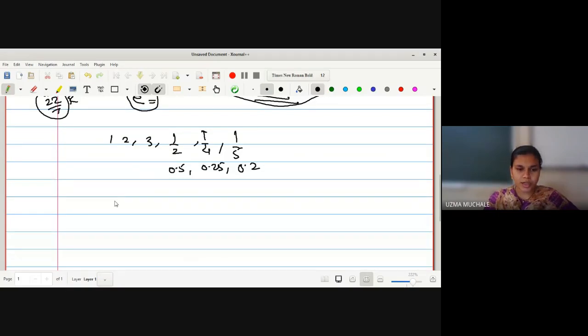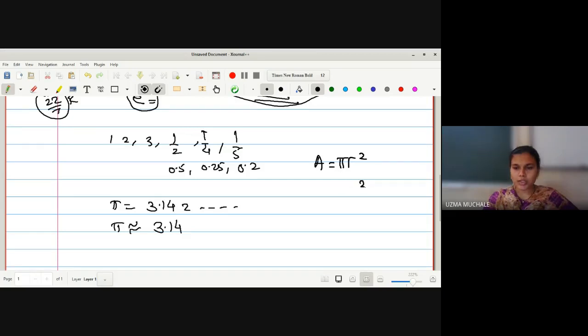Now, we have just studied that the value of pi is something like 3.14 and so on, and we are using the approximate value of pi. Suppose we are using it as 3.14. Now suppose we are finding the area, pi r square.